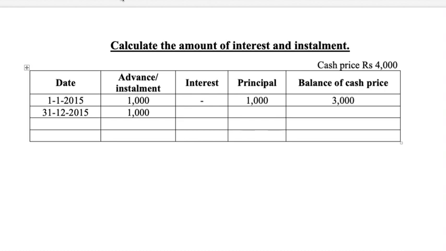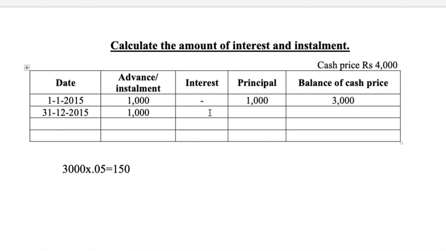Alright. Now the interest here is 5% on the balance. The balance is 3,000, right? 3,000 into 5%, 5% is 0.05, that is 150.